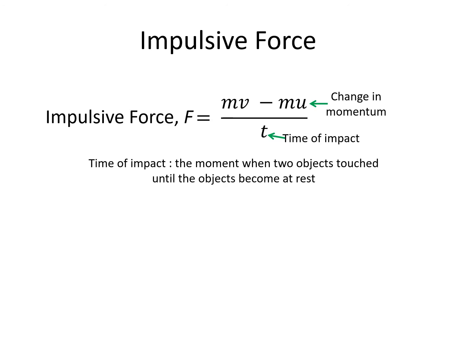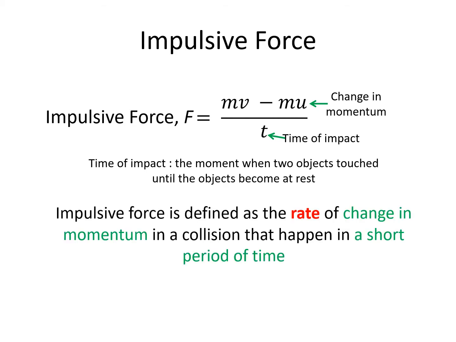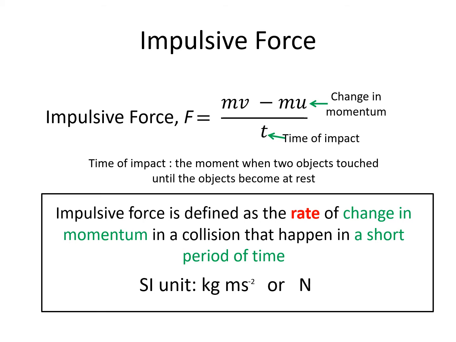Time of impact is the moment when two objects touch until the objects come to rest. Here, we can define impulsive force as the rate of change in momentum in a collision that happens in a short period of time. The SI unit for impulsive force is kilogram meter per second squared or Newton.